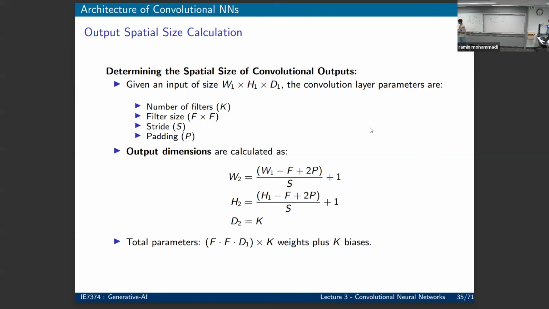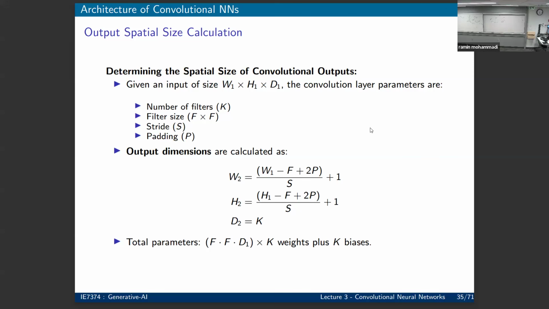Now, how many parameters are we going to learn here? Every filter is an F by F matrix, and you are learning K of those. But every filter will also be applied across that D dimension. Remember the image we saw? We applied 3 kernels to the image and summed the values.